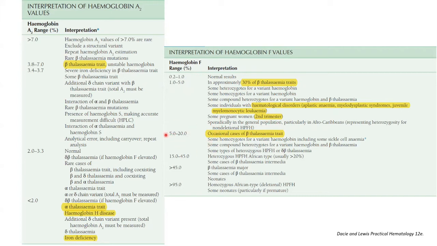So this should not be misconstrued as some other variant or thalassemia major or intermediate. And then obviously you have beta thal major and hereditary persistence of fetal hemoglobin, which are the differentials for very high hemoglobin F values.